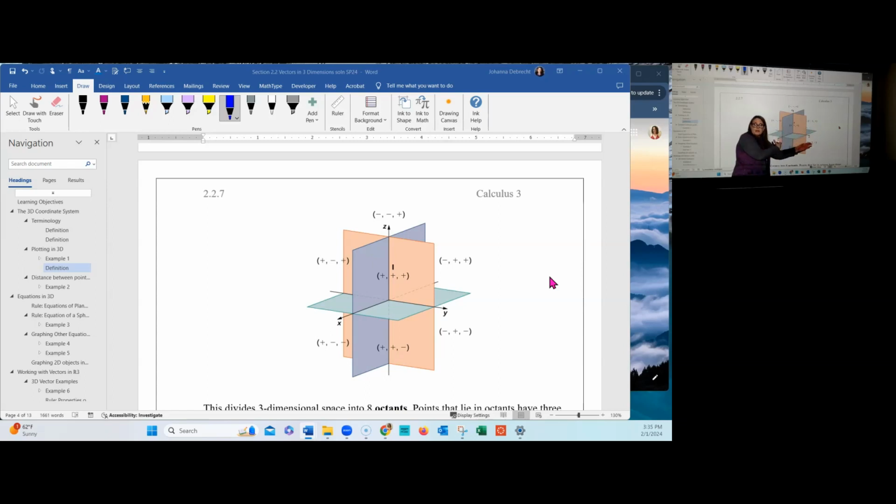Behind the screen, X is negative. That would be octant 2. Moving to the next location would be like behind the screen, but in that direction. So my X is negative because I'm behind the screen. My Y is negative because I'm in this direction. But my Z is still positive because I'm still up.